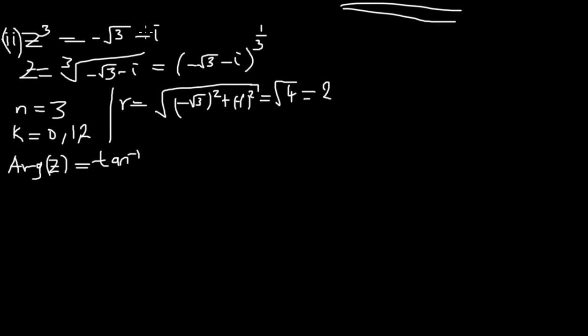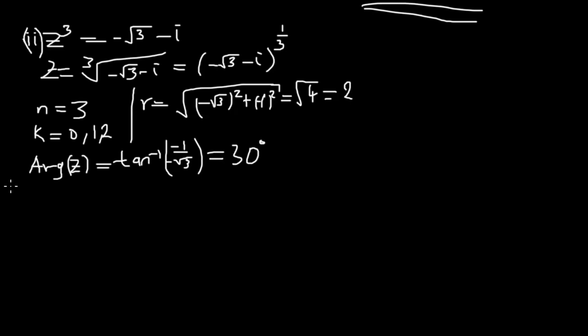So our y is -1 and our x is -√3. So it's going to be -1 over -√3. When you look at this, it is a special angle. So when you find tan inverse of 1 over √3, your answer will give you 30. So 30 is going to be your answer.